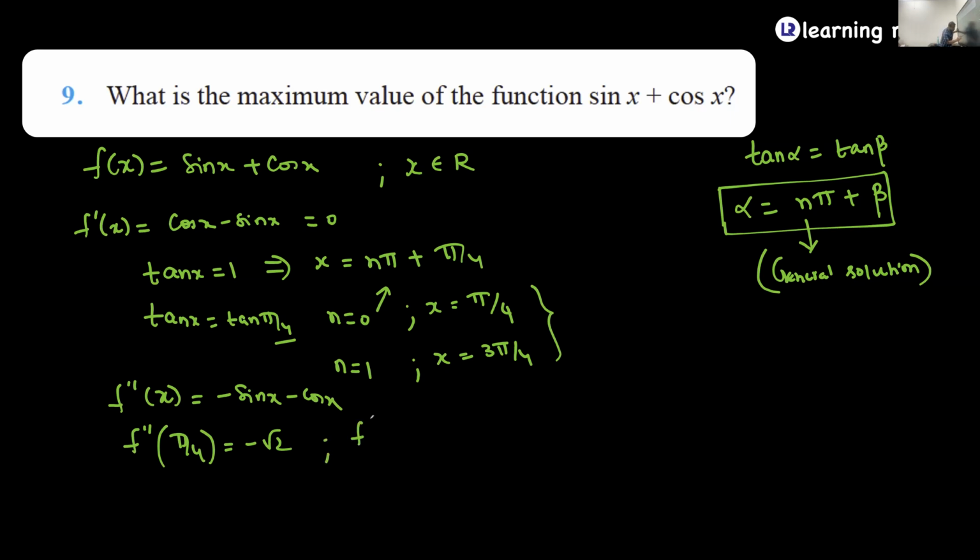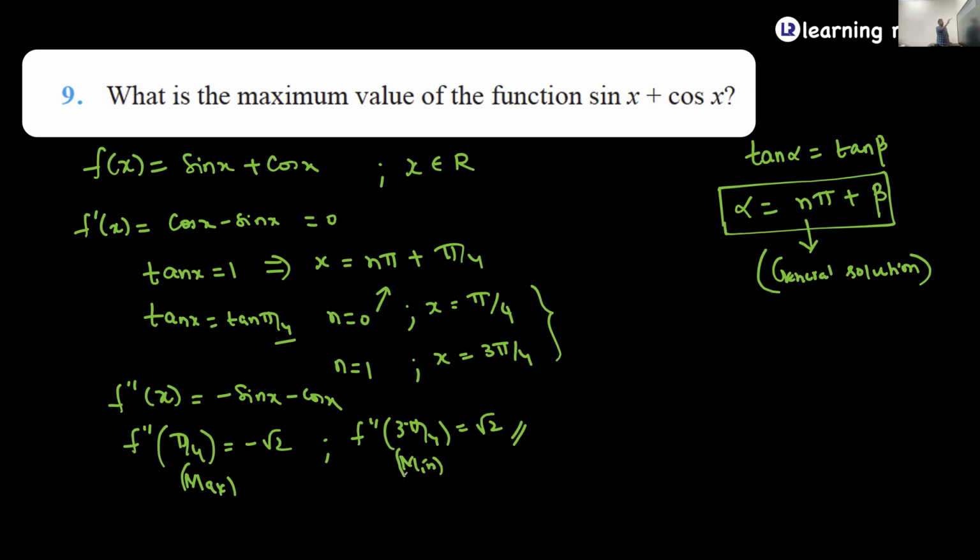F double dash of 3 pi by 4: minus sine of 3 pi by 4 is minus 1 by root 2, so negative of negative becomes positive. This is also positive, so 1 by root 2 plus 1 by root 2 gives you root 2. This is minus root 2, this is root 2. So pi by 4 will be the point of maximum and 3 pi by 4 will be the point of minimum.